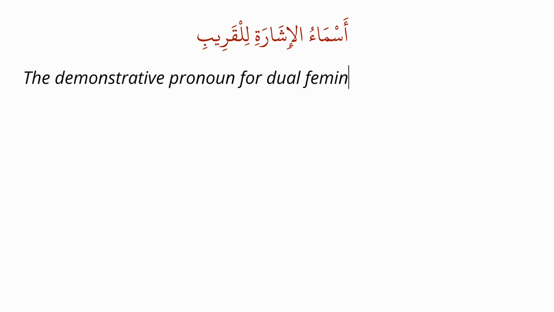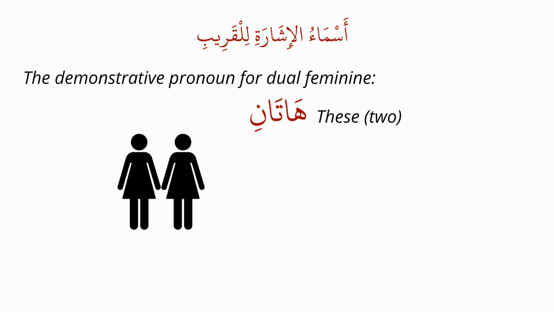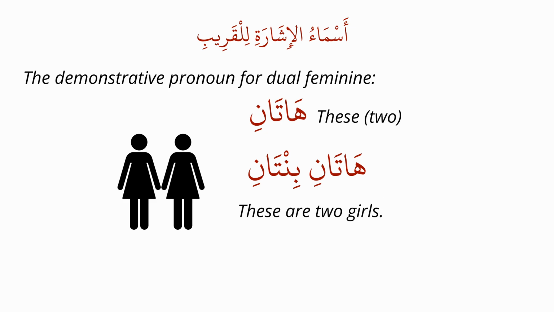Next we have the demonstrative pronoun for dual feminine, which is هاتان, meaning these, referring to two feminine entities. For example, هاتان بنتان, meaning these are two girls.